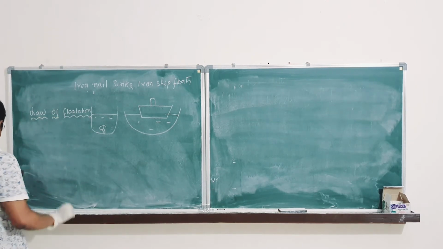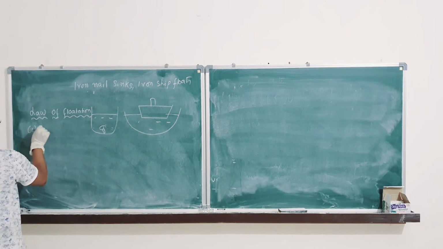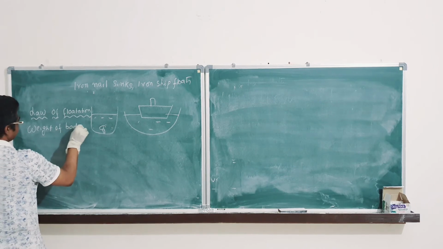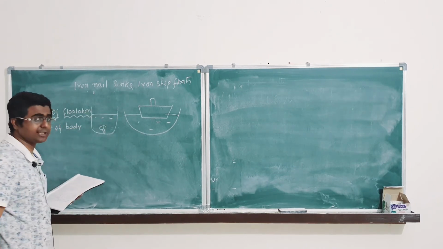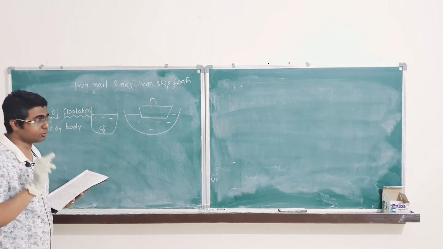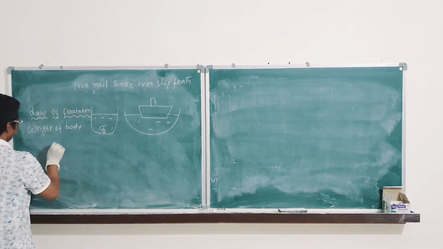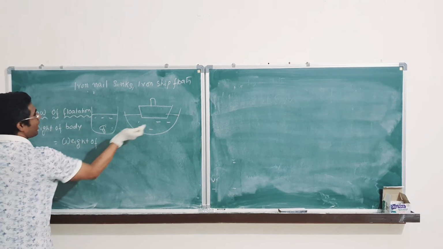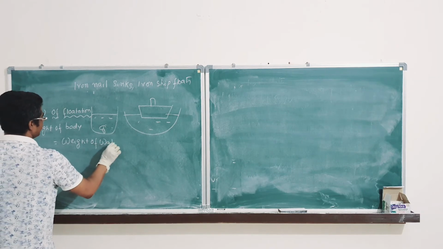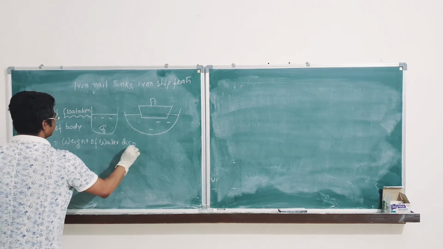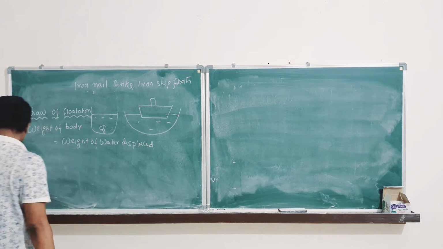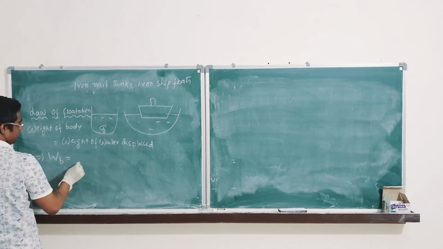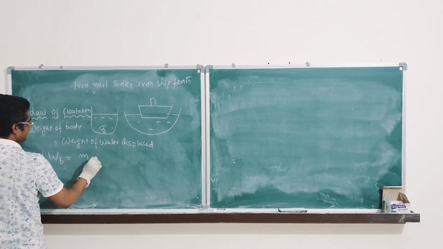The law of flotation is that the total weight of the body has to be compensated by the weight of water displaced. So we can write W body is equal to weight of water displaced, which means mass of water displaced into G.